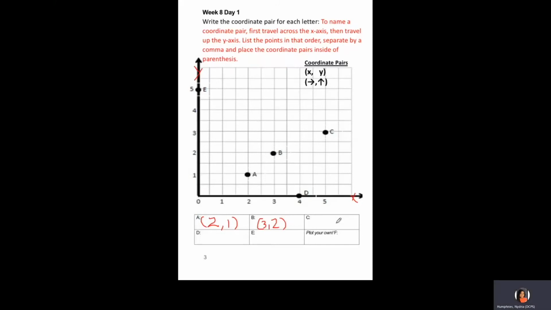Now we're at C. Let's go across our x-axis, and here is C, aligned with 5. So our X is 5. And then we go up our Y line, and C is at 3. Y is 3.